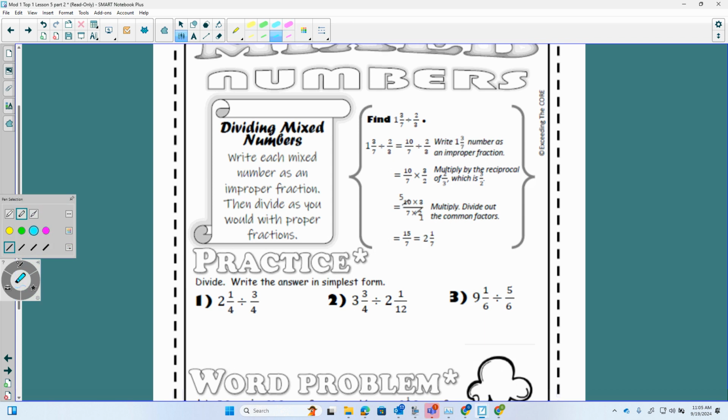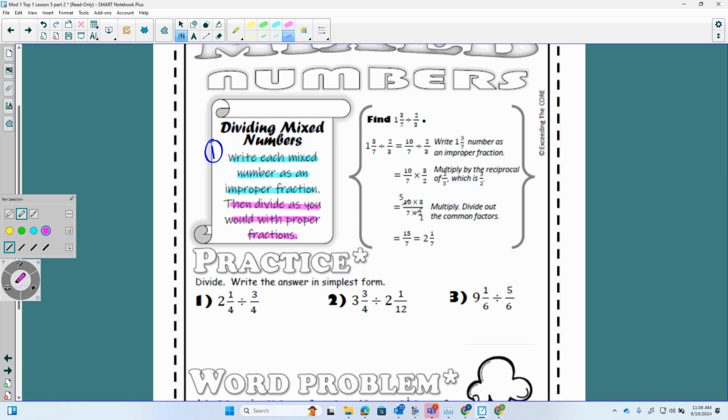So your first step, if I have mixed numbers, I must make them improper fractions. So there is step 1. Once I have done that, then I'm going to divide as I would with proper fractions.